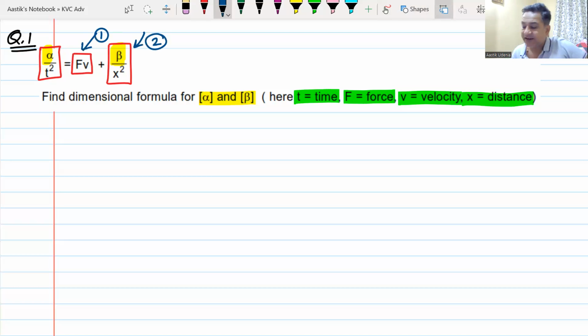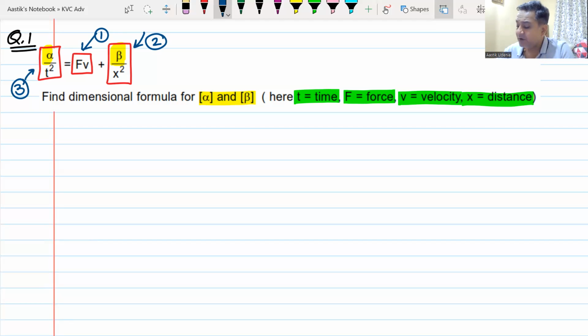And then on the left hand side, we have the third term which is equal to the addition of these two terms. Now we have seen that only same quantities or similar quantities can be added or subtracted.